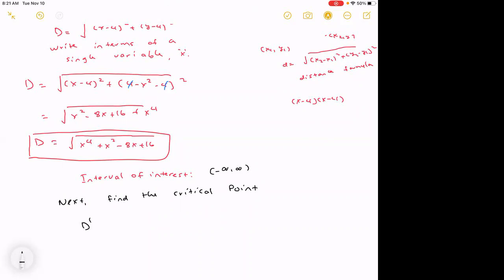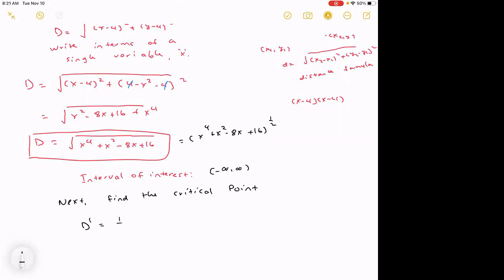How do you find the derivative? Well, you can write the distance function as the power of that, and differentiate. Okay, use the chain rule. So d prime is what?